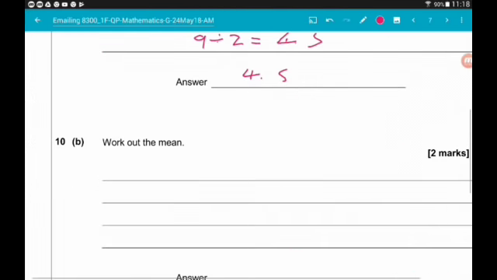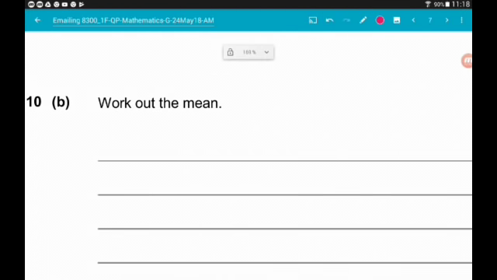So our sum is 41. There are 10 numbers, so 41 divided by 10 is 4.1. So our mean is 4.1.